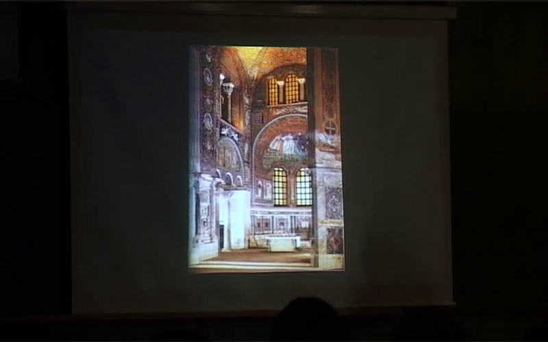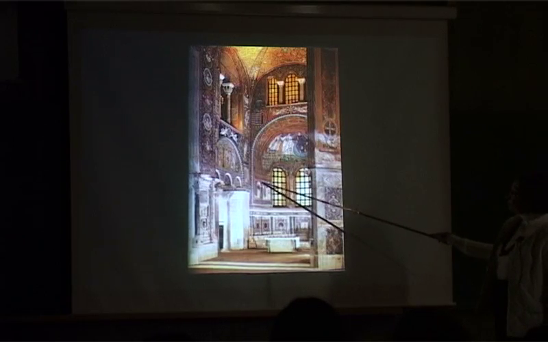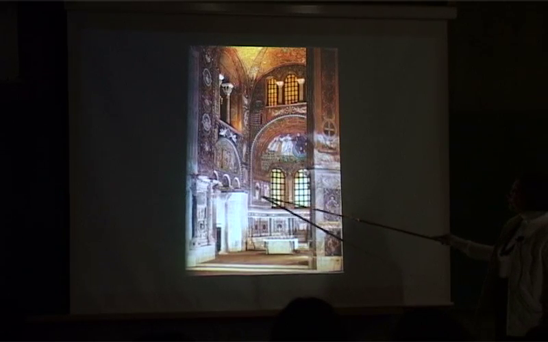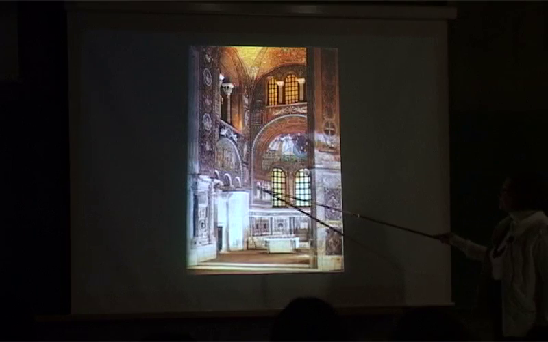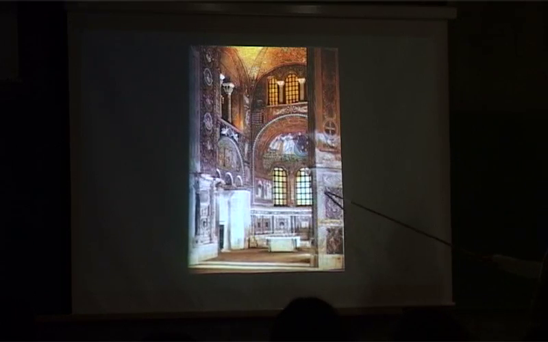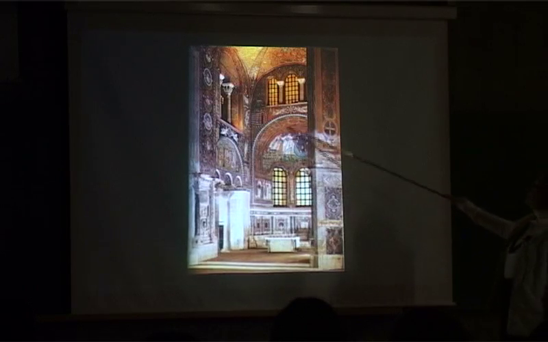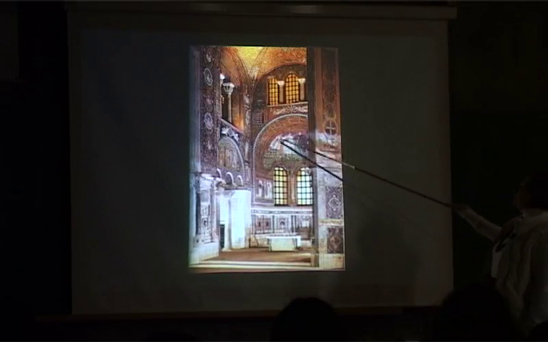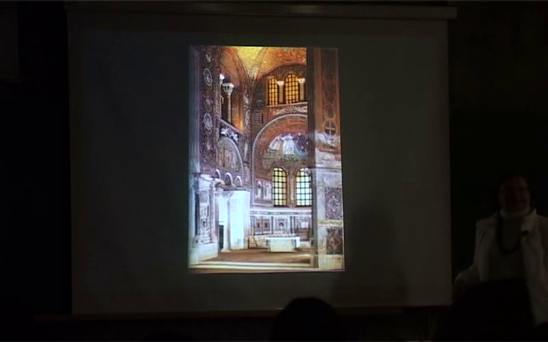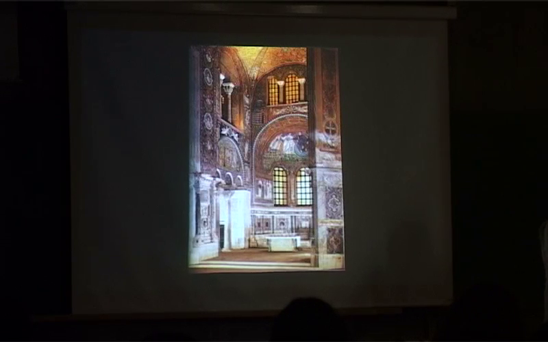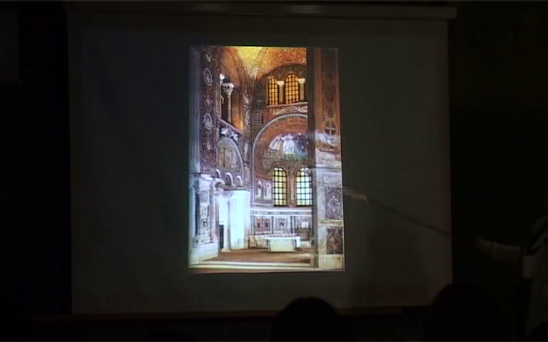So you have in the apse the panel of Justinian, and then facing him the panel of Theodora, and then they are below the kingdom of Christ, the kingdom of the heavens.